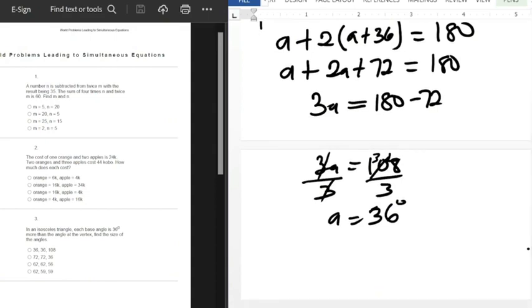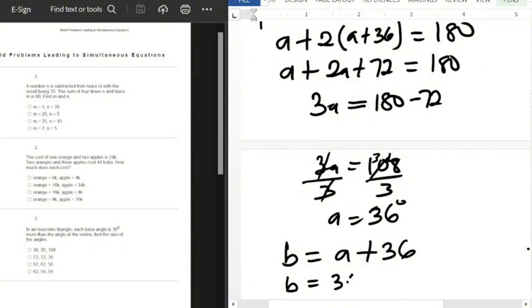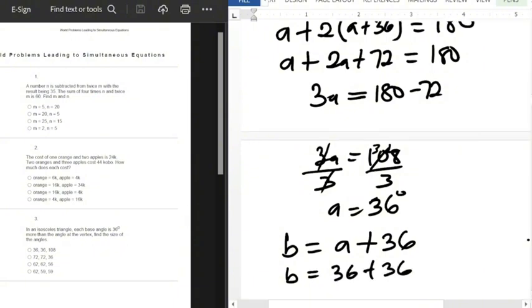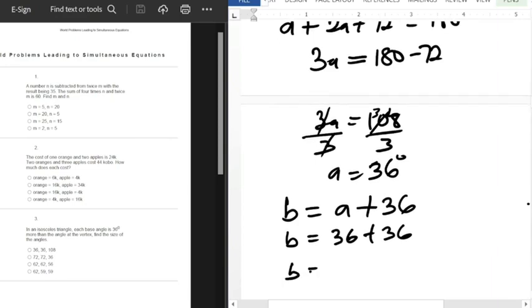So if we go to the first equation, which is B equals to A plus what? 36. I hope I'm making sense. So that means B will then be equals to 36 plus 36. So that means B will be equals to 72 degrees.